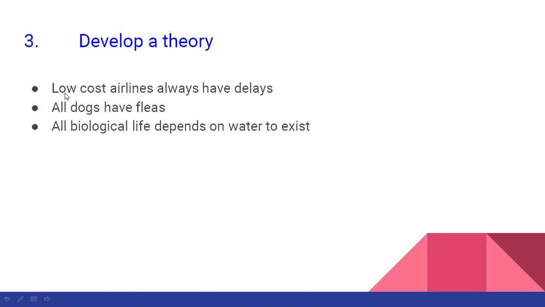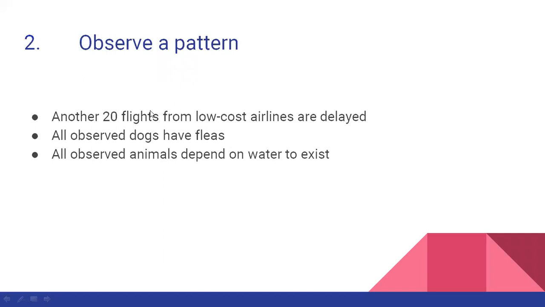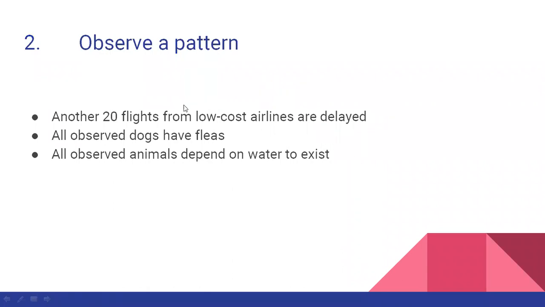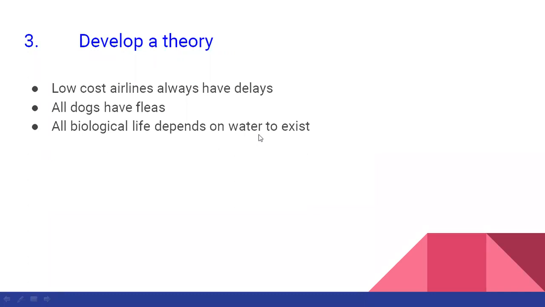This is the theory that you can frame from the first observation and pattern. The second theory, from the second observation and pattern, is that all dogs have fleas. The third theory is that all biological life depends on water to exist. So these are the three theories that you have developed from the three patterns that you found at stage 2 of this inductive research.